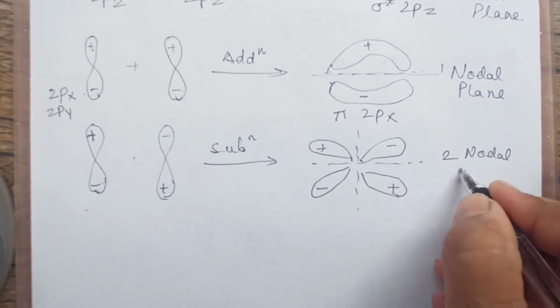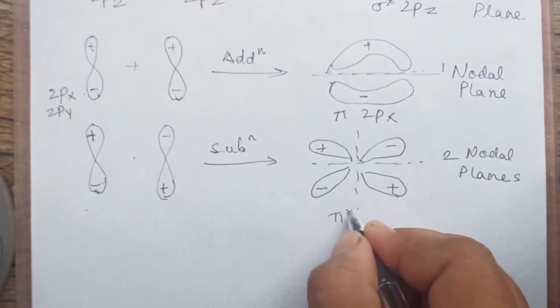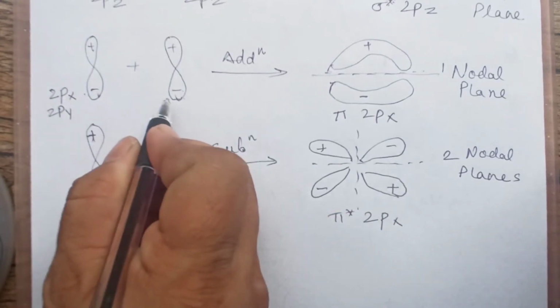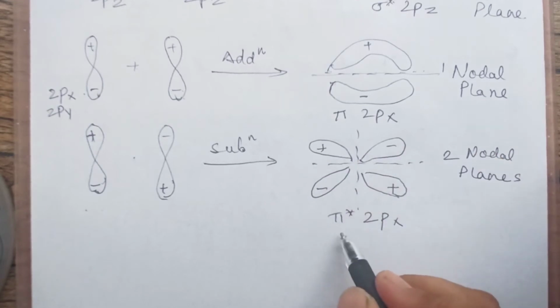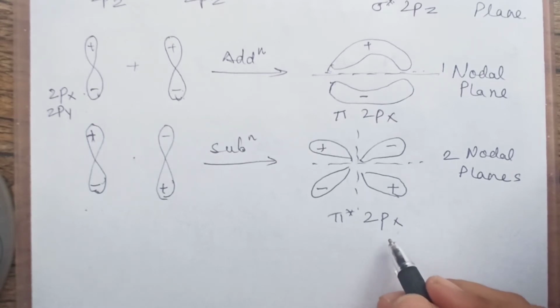This one is called pi star 2px or 2py. If it is x and x, it will form pi 2px and pi star 2px. Got it till here? Now we'll be proceeding towards how we write configurations and the molecular orbital diagram.